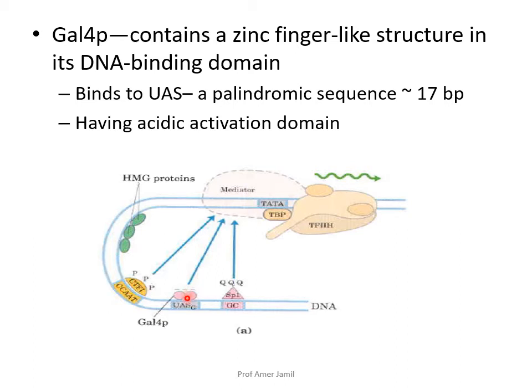It binds to this upstream activator sequence, which is a palindromic sequence of about 17 base pairs. And it has an acidic domain for protein-protein interaction. I have given more detail in my lecture on eukaryotic gene expression part 1. You can see the detailed mechanism of GAL4P there.